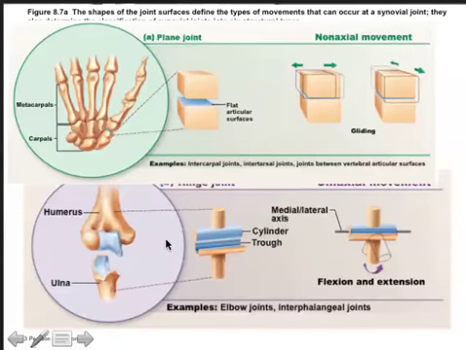Here you can see an example of a hinge joint. What you're looking at here is the articulation between the distal head of the humerus and the proximal head of the ulna, and what you're getting here is monaxial movement in the anterior posterior direction. And you can see how the convex surface of one joint fits into the concave surface of the other joint and allows movement in only one plane.